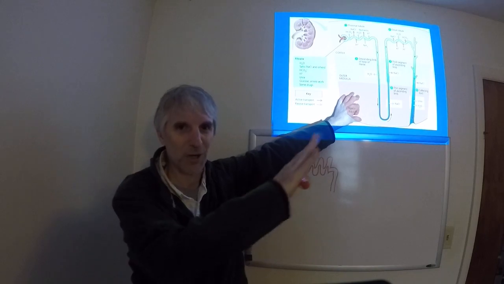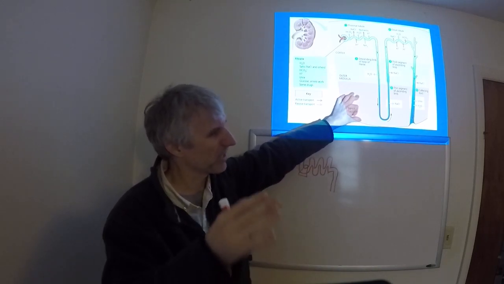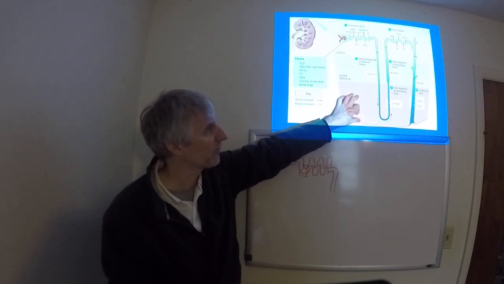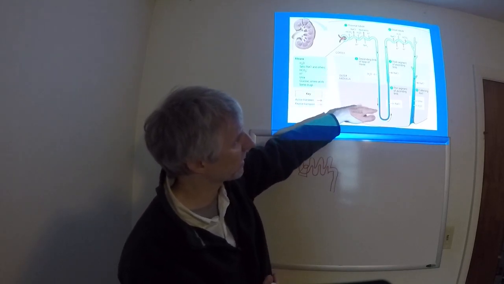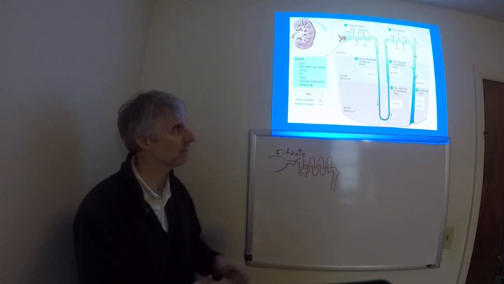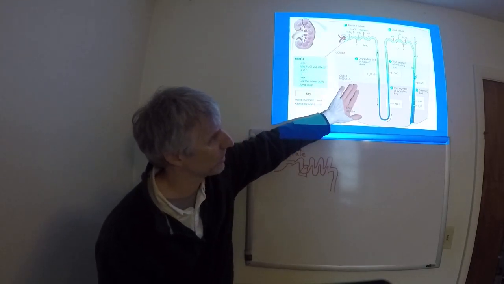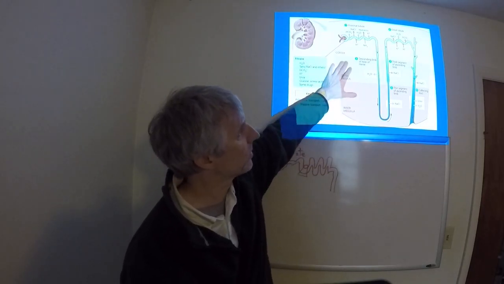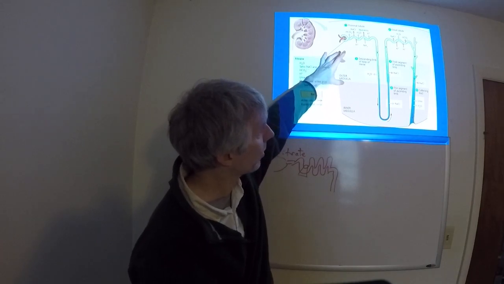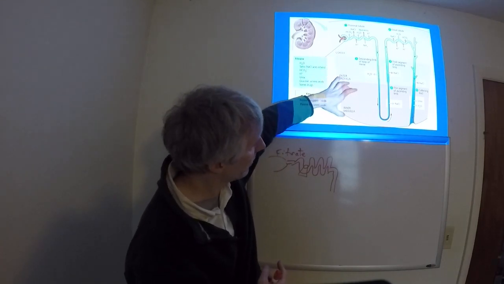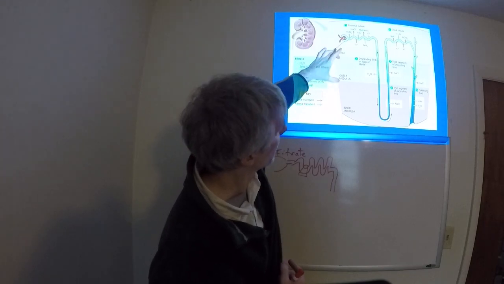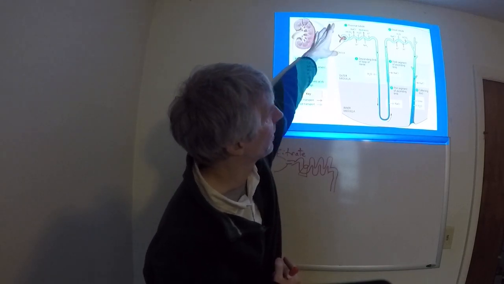Why that is, let's get all the way through the nephron first, and then we can put it all together. But for right now, the environment in this medulla has been maintained in such a way that we have higher salt concentrations down toward the inner medulla and lower, a little higher in the outer than the inner, but certainly more concentrated salts here than here.